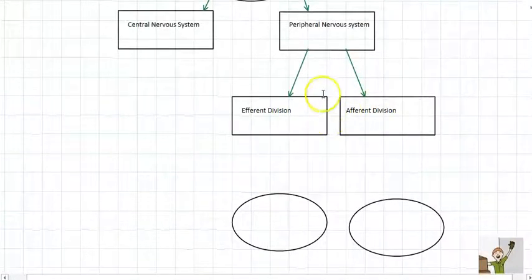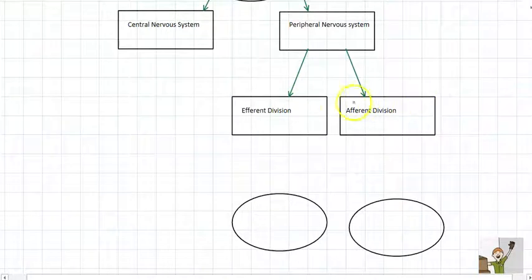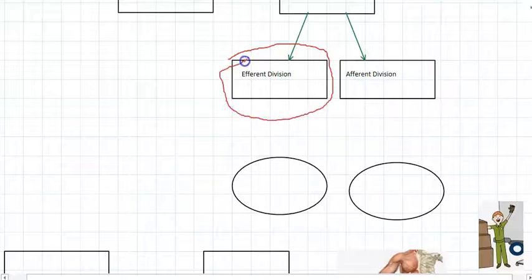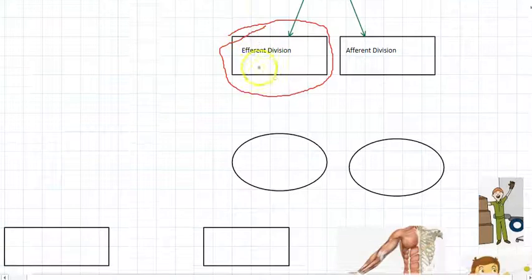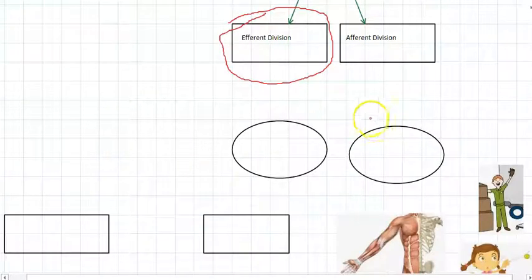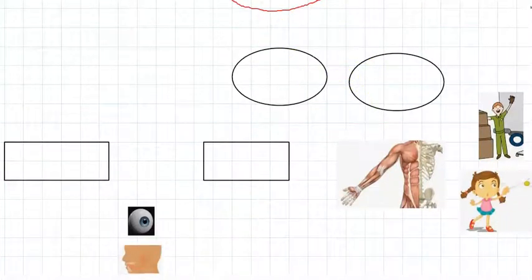So within the efferent division, the one carrying messages away and out to the rest of the body, those nerves can either go to effectors that we can control, so voluntary effectors, or they can go to involuntary effectors. And that's the next level of how we separate the nervous system.